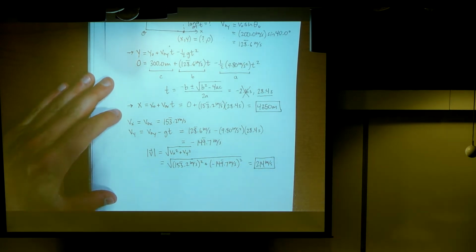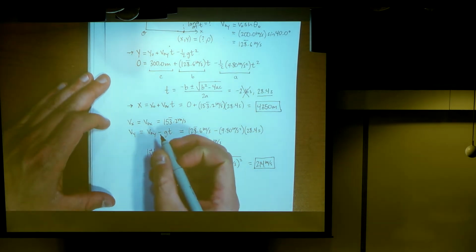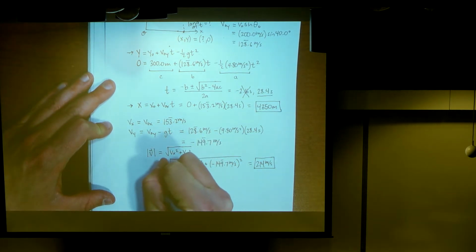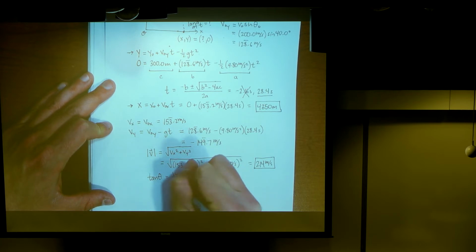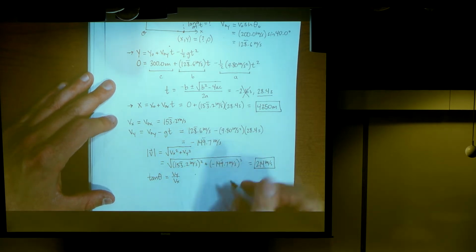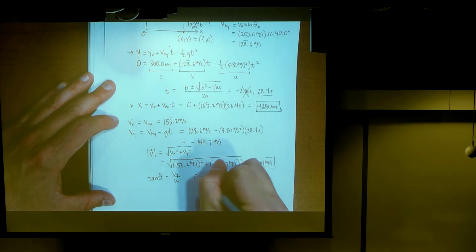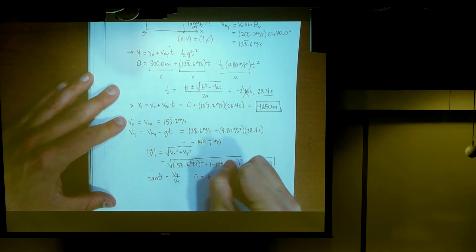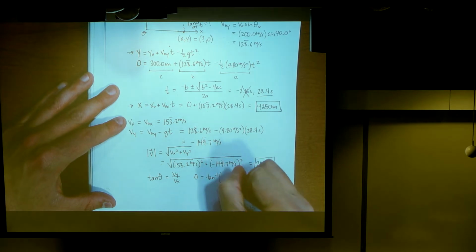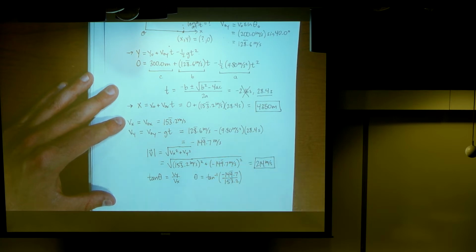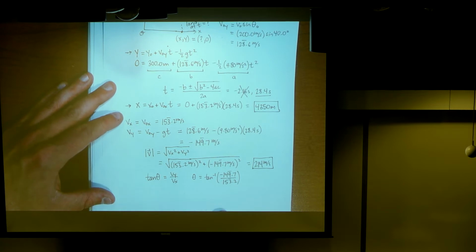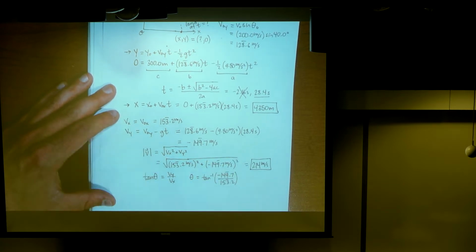Yeah, it's just tangent, right? Here we go. So tangent of the angle I'm looking for is Vy over Vx. And the angle I'm looking for, therefore, is the inverse tangent of Vy over Vx. Let's just do it real quick. So if you crunch these numbers, here's what this will work out to.